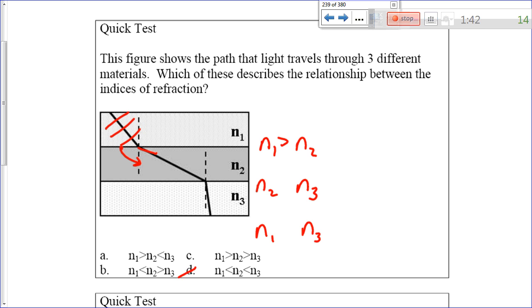D and B it looks like. Alright, just a few more seconds. I'll stop at 220.